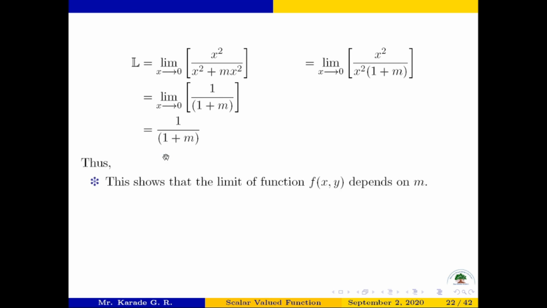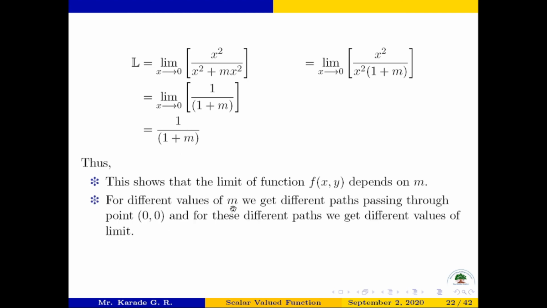Thus finally this shows that the limit of function f of x comma y depends on m. Obviously it depends on m, and for different values of m we get different paths passing through point 0, 0.